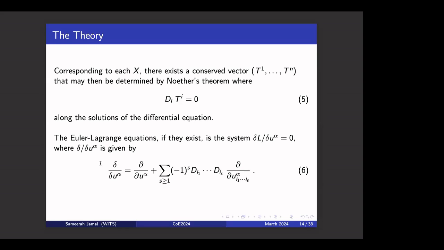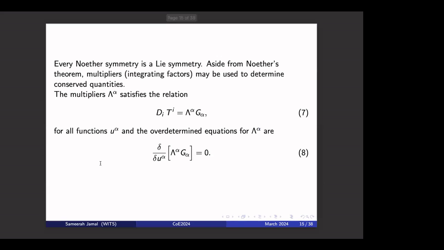So there have been many models that have sprung up in this area, and hence why symmetries have found such important applications in this regard. So these are your Euler-Lagrange equations that would exist from a certain context. So we have that every Noether symmetry is a Lie symmetry, but not necessarily the other way around.